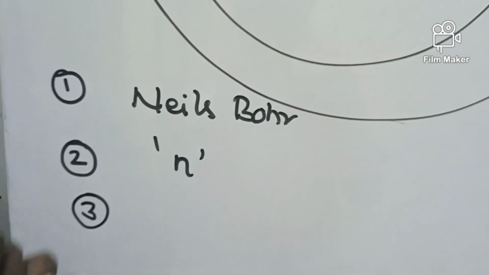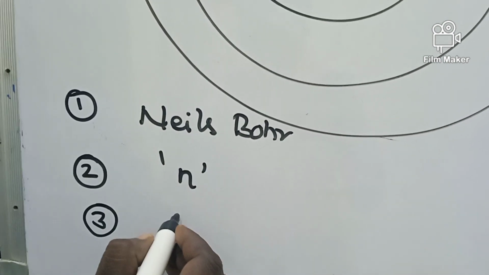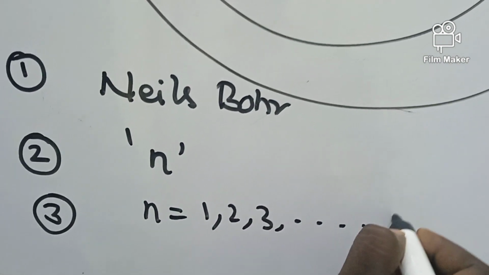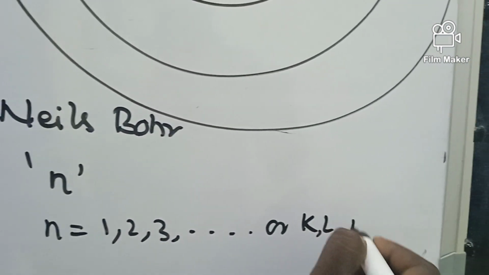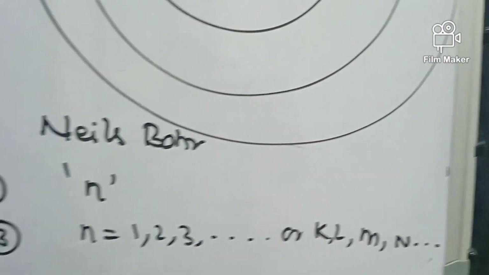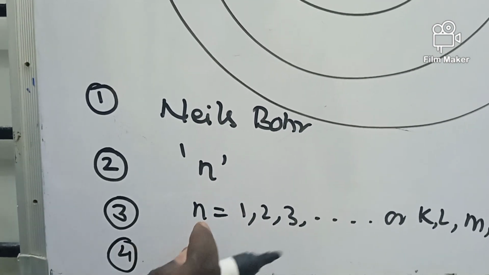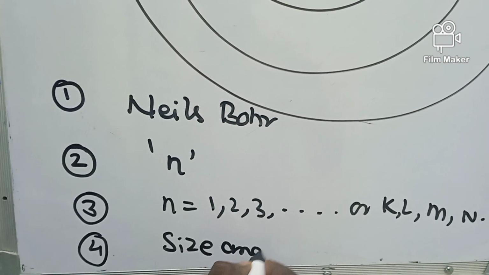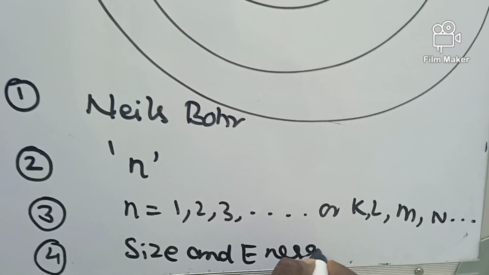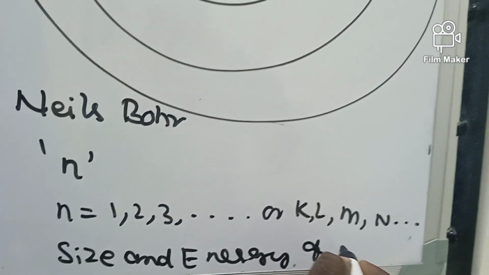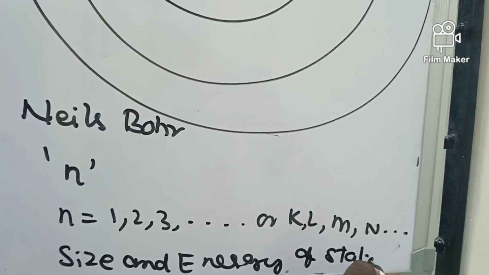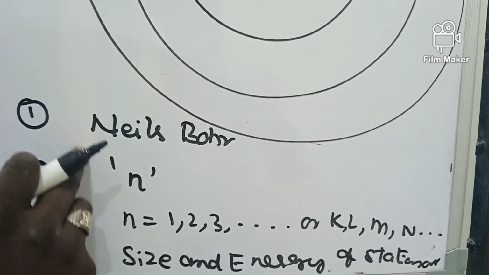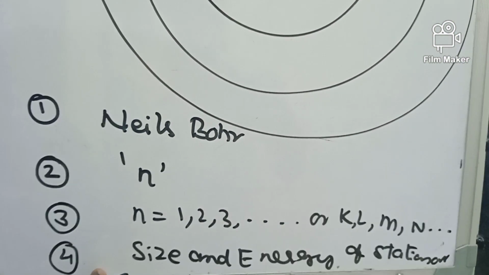Its values are n equal to 1, 2, 3, and so on, or K, L, M, N, and so on. And finally, it is used to know the size and energy of a stationary orbit. So these are the four points related to the principal quantum number.